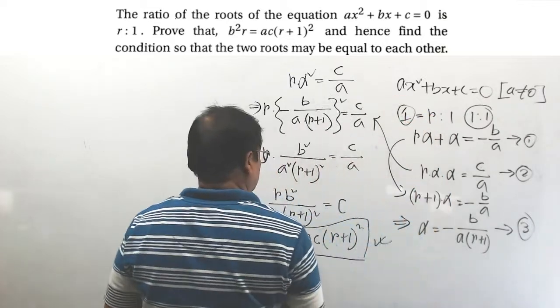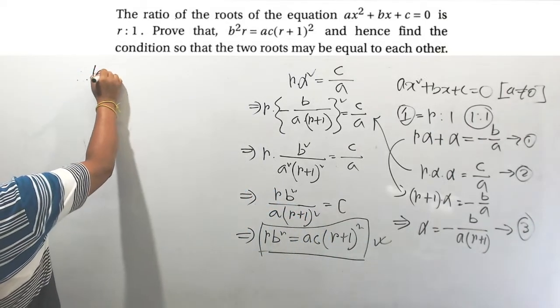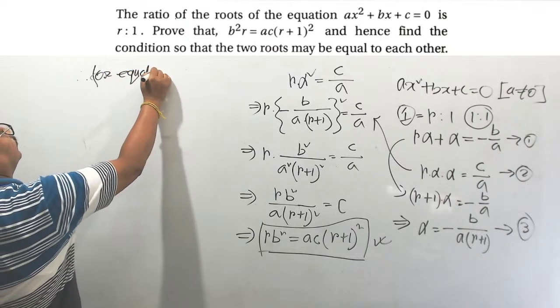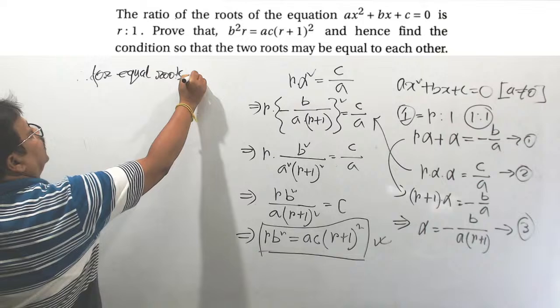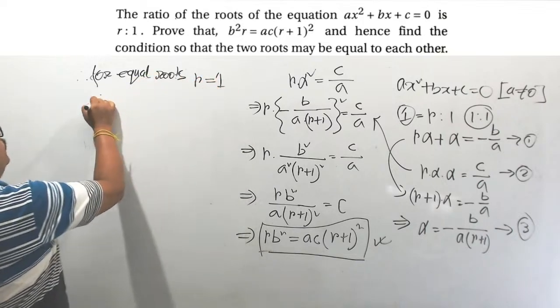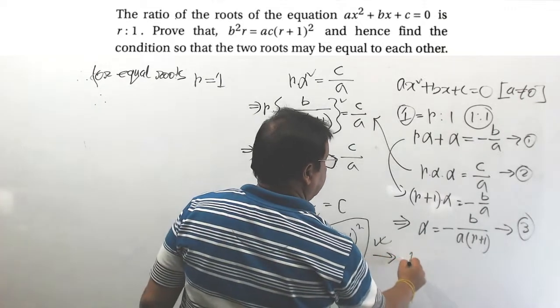Okay, লিখে নাও, therefore for equal roots r equal to 1. Therefore এটা কত নাম্বার দিয়ে দাও? Say 4.